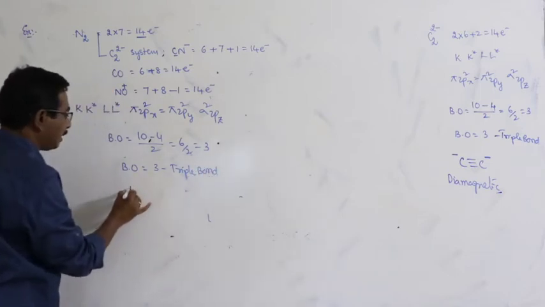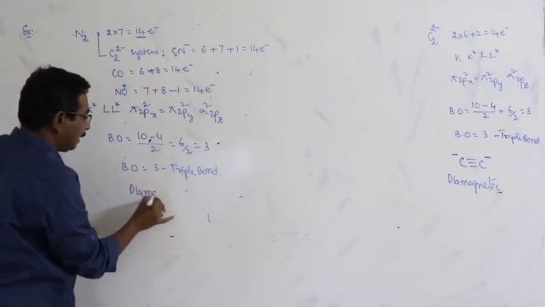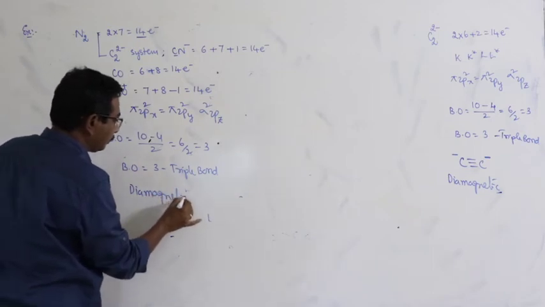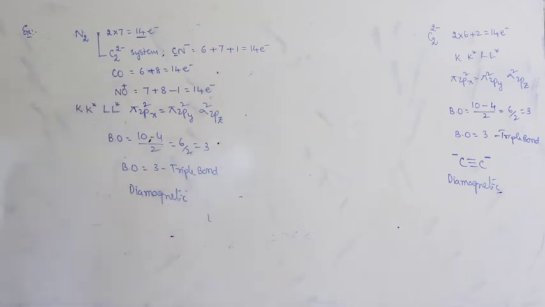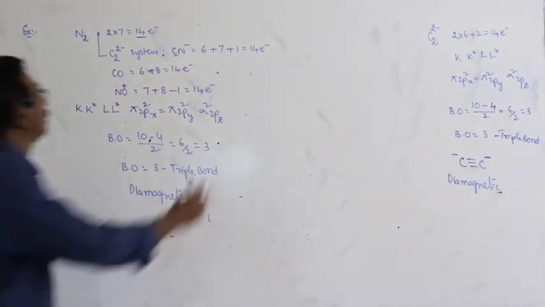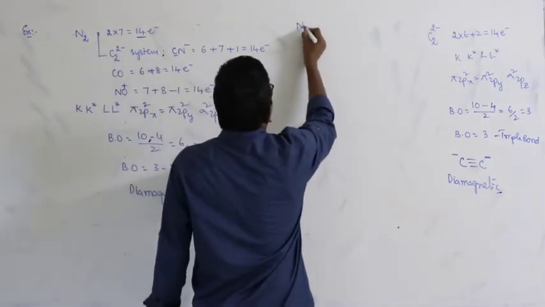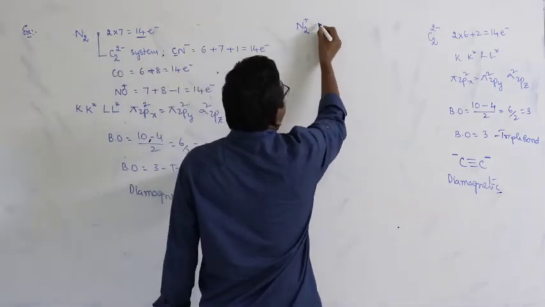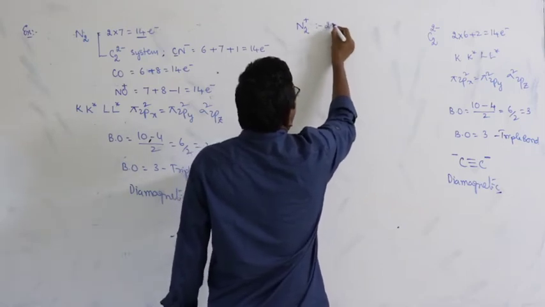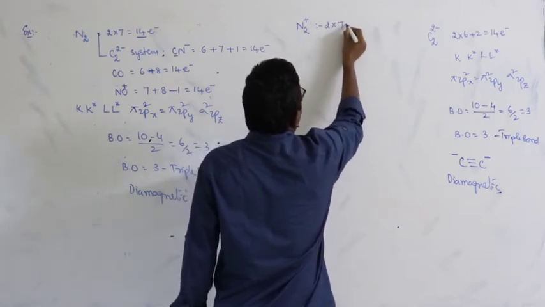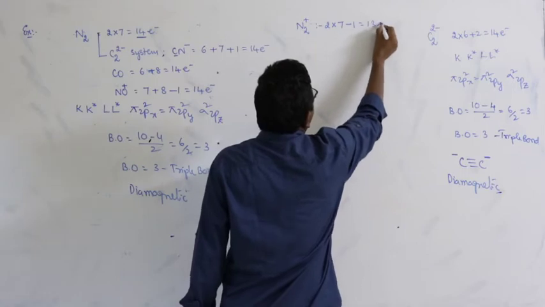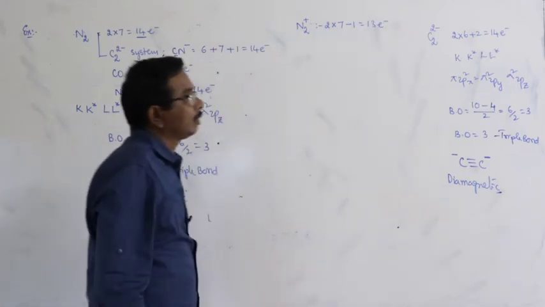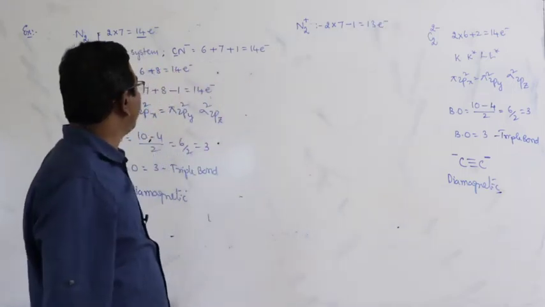And next one, nature of the species, diamagnetic. Next, N2 plus. N2 plus means 2 into 7 minus 1, that means 13 electron system. 13 electron system means what?